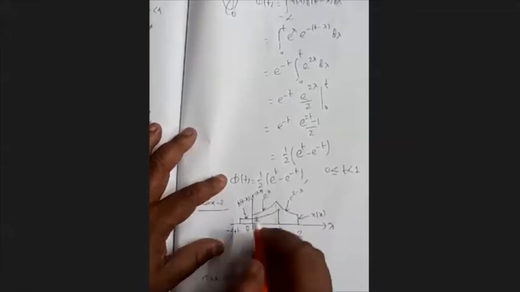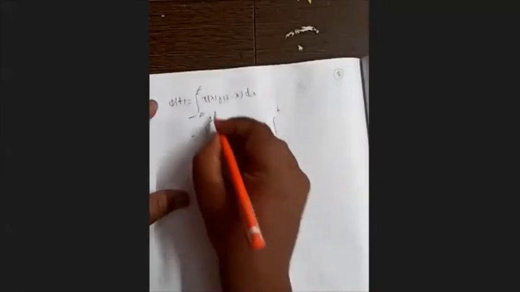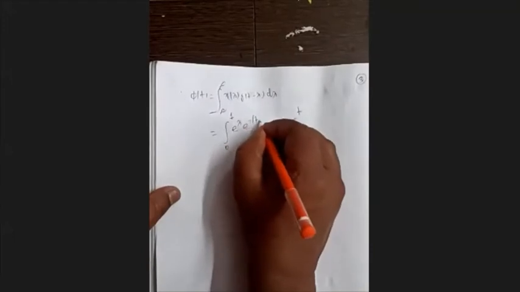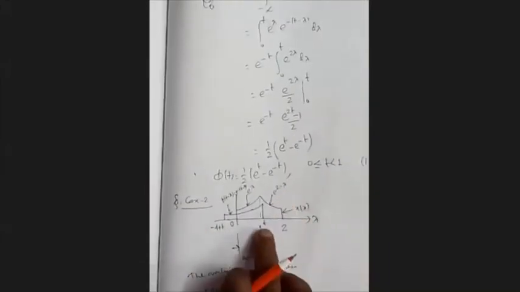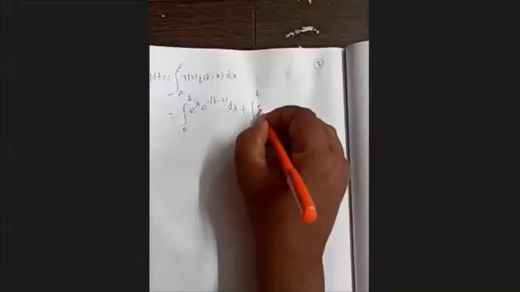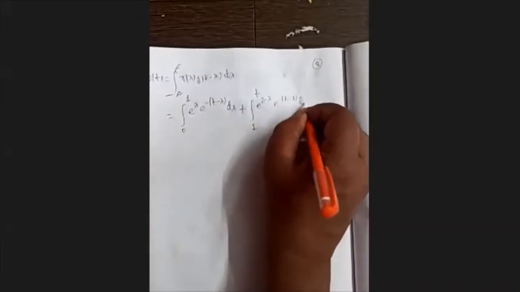But throughout its range, the function g remains the same. Its definition is represented by just one function. So between 0 to 1, it is e to the power lambda, and g is e to the power minus t minus lambda. That part remains same. For the second part, our x is e to the power 2 minus lambda, from 1 to t, and for the second function g is the same, d lambda.